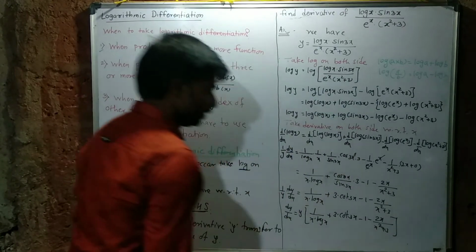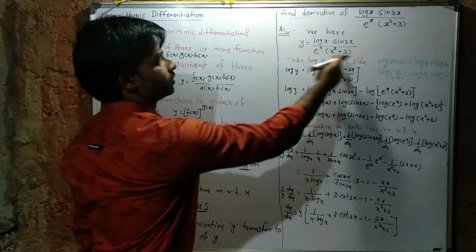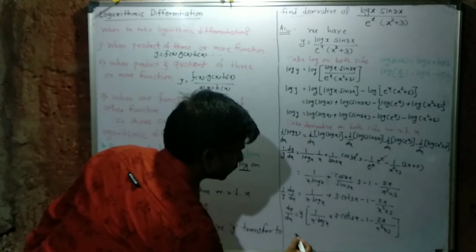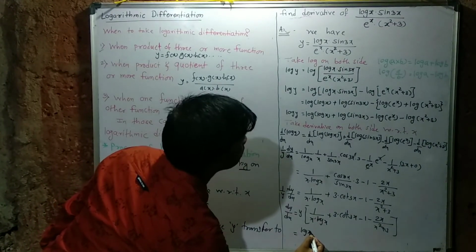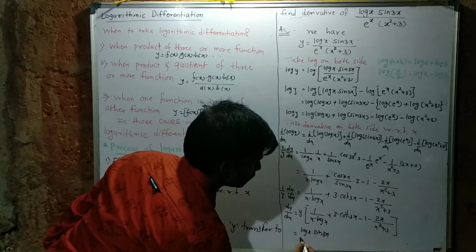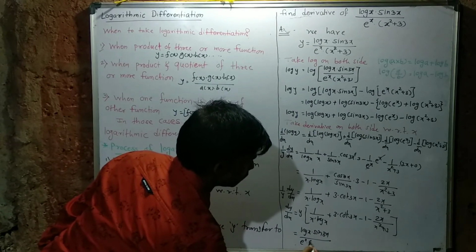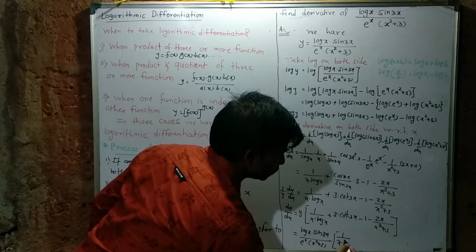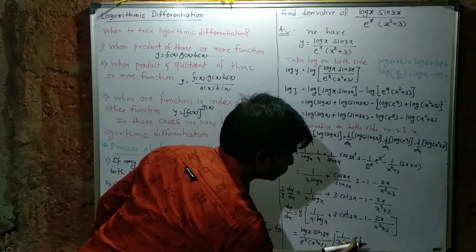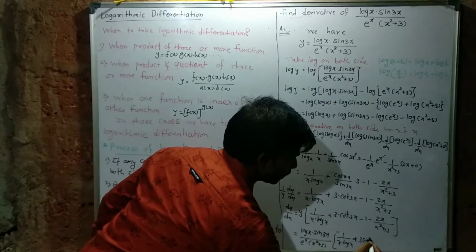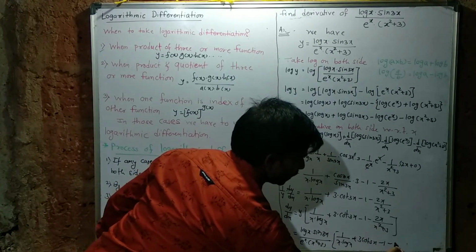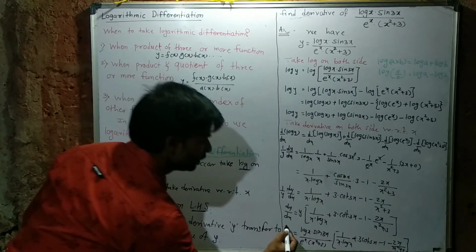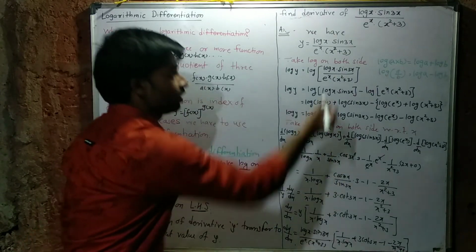Putting the value of y, which is log x into sine 3x divided by e raised to x into x square plus 3, you get the final derivative, that means dy by dx of that function.